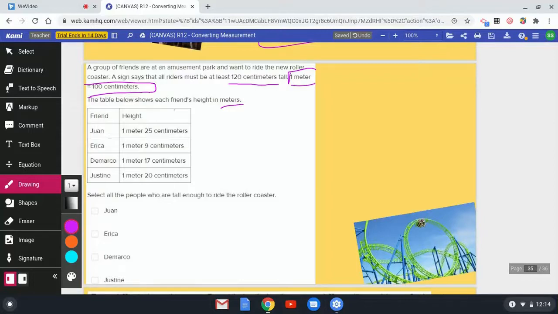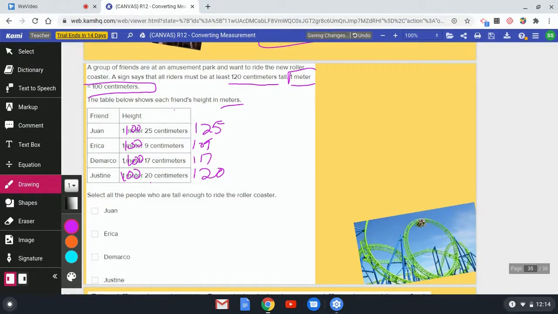So 1 meter is 100 centimeters. So we could replace this with 100 centimeters. And let's write how tall they are in centimeters. 100 plus 25, 125. 100 plus 9, 109. 100 plus 17, 117. 100 plus 20, 120.